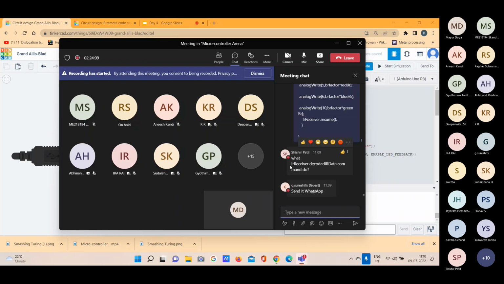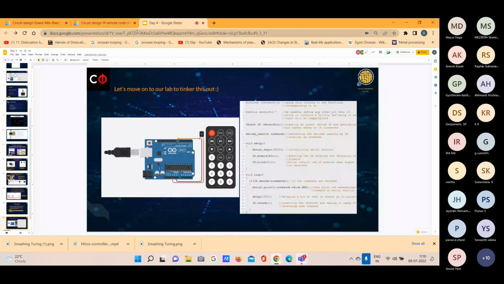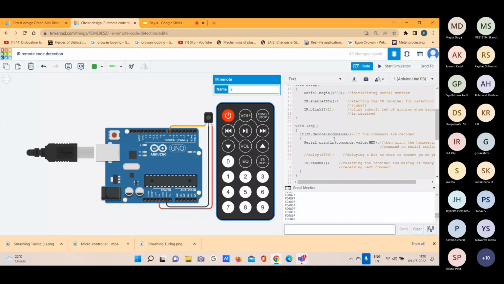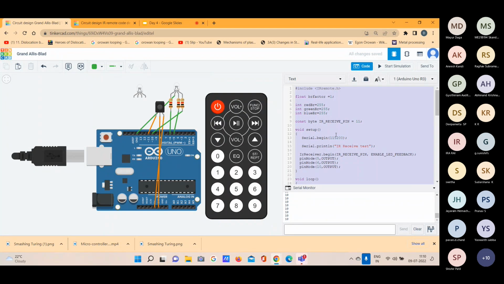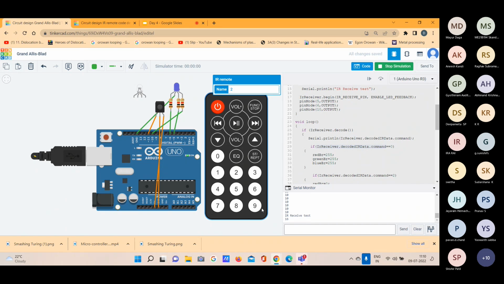What does IR receive decoded data command do? It decodes the data you receive. This is just the command. See, if I pressed 1, then it gave me 16.